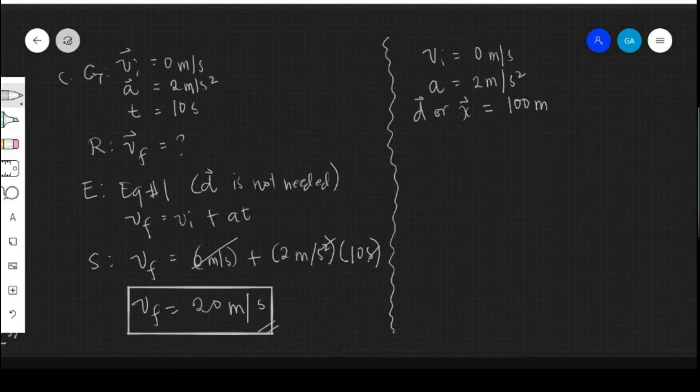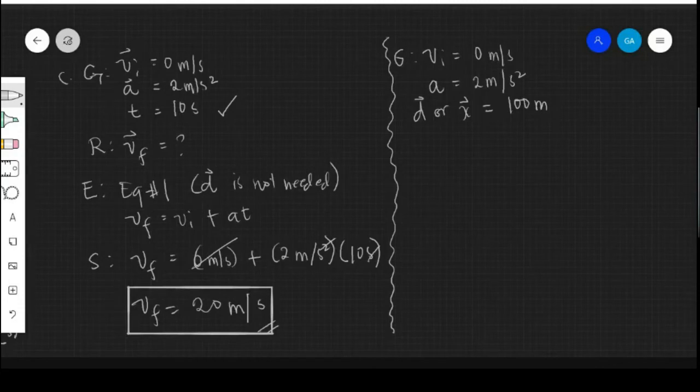Bakit 100 meters? If you are going to recall the answer in letter B, that is 100 meters. Kasi 100 meters yung na-travel ng train after 10 seconds, which is the time na given sa question. Okay? So, ito yung given natin for now.